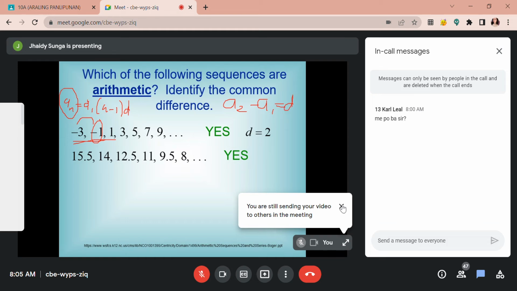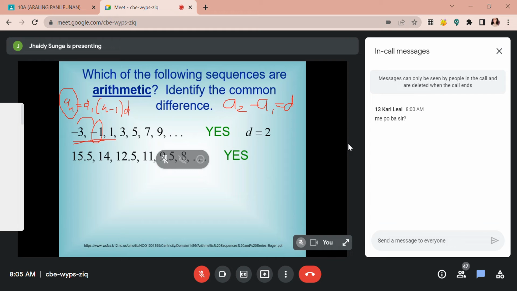The term in the second term, a sub 2, is subtracted by a sub 1, the first term. So it would be negative 1 minus negative 3. So the common difference would be 2.